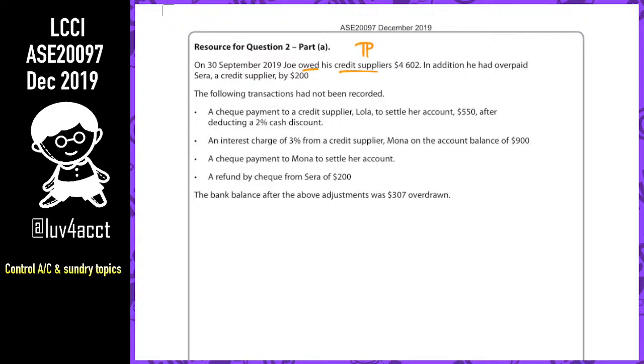Oh, so it's kind of a correction of error here, because you are given the balance at the end of the month or of the year, doesn't matter. And then there are transactions that have not been recorded, and then you have to record them.